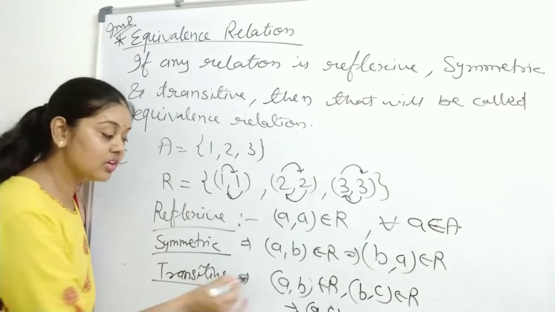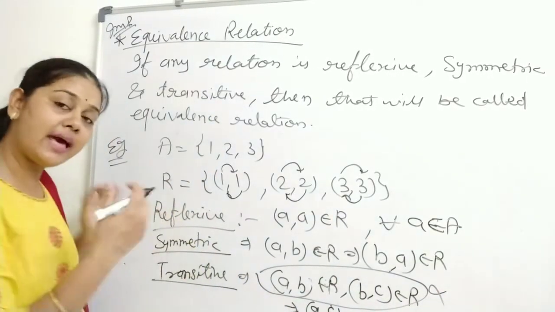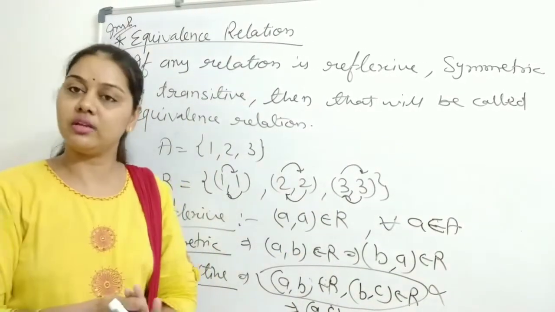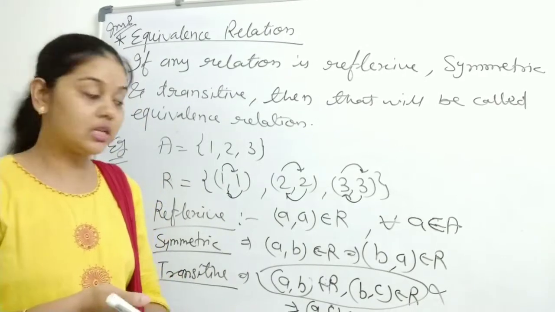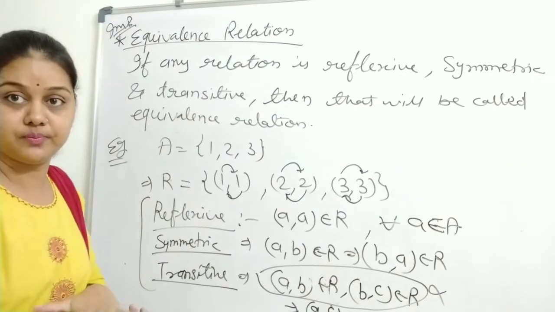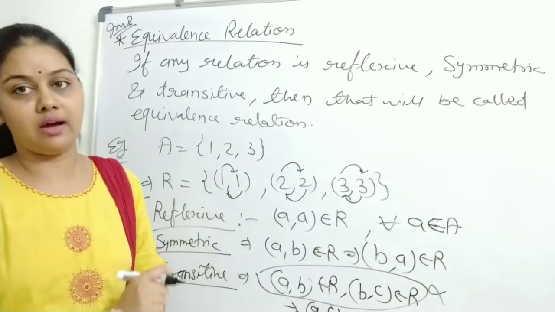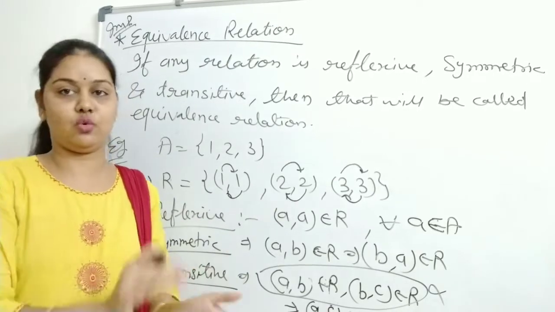But if there are no such elements, we need not check. We can directly mention that this is a transitive relation. Is it clear? Since now this R is satisfying all these three types of relation, that's why this R is called an equivalence relation.